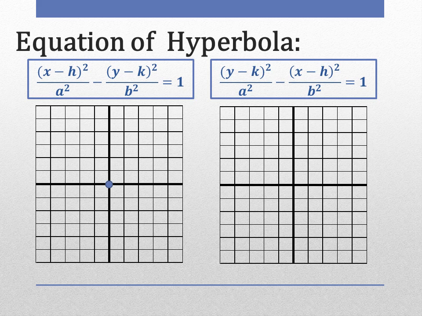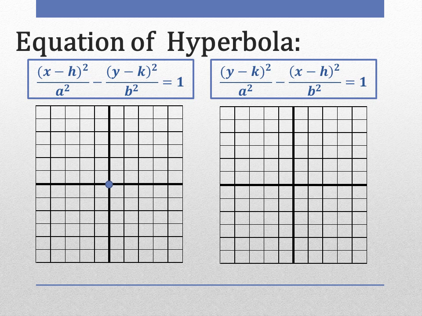As in the case of all of our other conic sections, the center of a hyperbola is (h, k), which are the values that are subtracted from x and y. In the equation on the left, if you look at the graph, I've already graphed the center of my hyperbola on the origin.